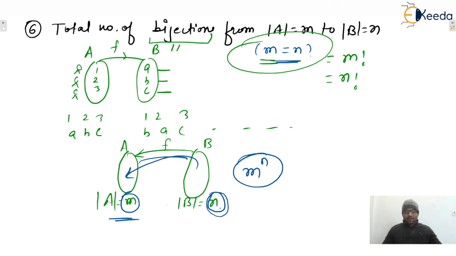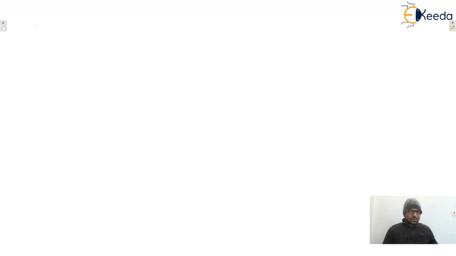Okay. So let us take some more types of functions. We'll see some different types of functions. Let us consider the next one, types of functions. First, what is an inverse function?